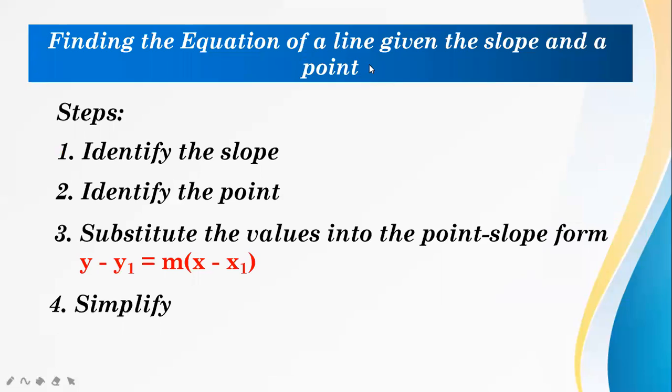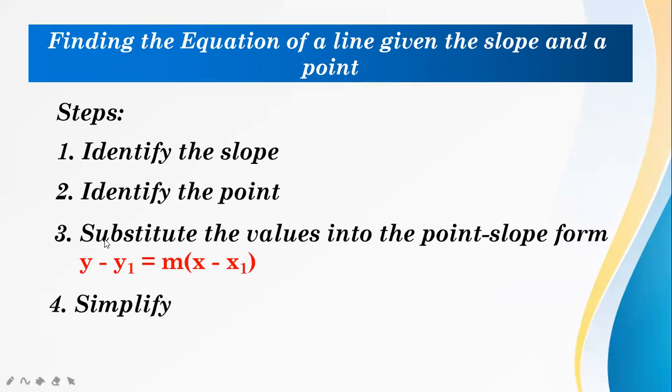To find the equation of a line given the slope and a point, these are the following steps. Step number 1, identify the slope. Step number 2, identify the point.